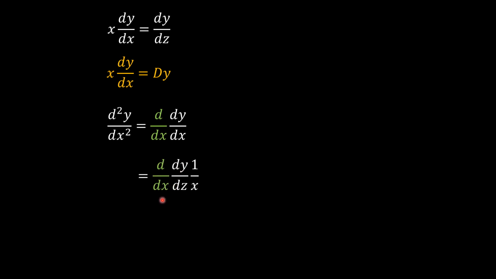Now, operate this d/dx on these two terms. Use the product rule of derivative, that will give us minus 1/x² into dy/dz as it is, plus 1/x into the derivative of dy/dz with respect to x.